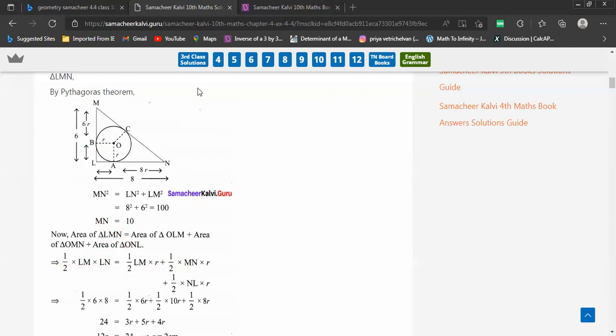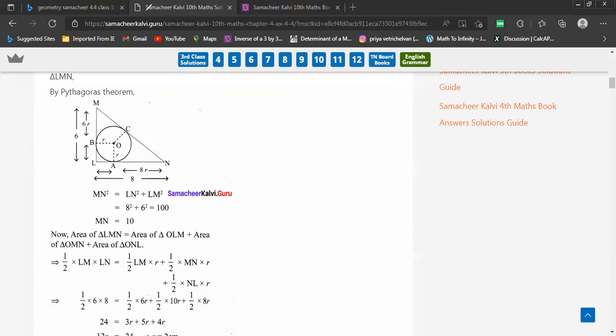If you apply area formula on this LMN, this LN is going to be your base and this LM is going to be your height. So you have half into LM into LN. The value of LM and LN already given in the question, which is 6 and 8, so you can directly substitute here.